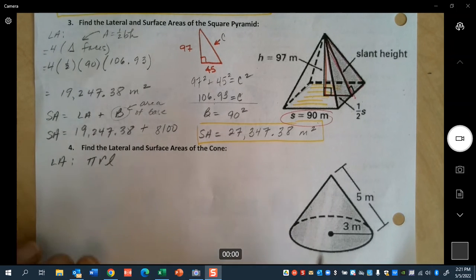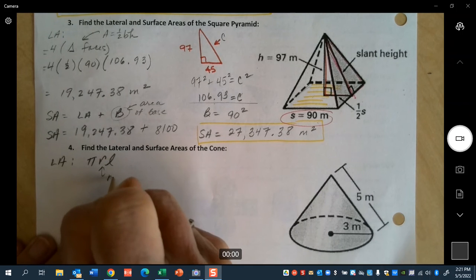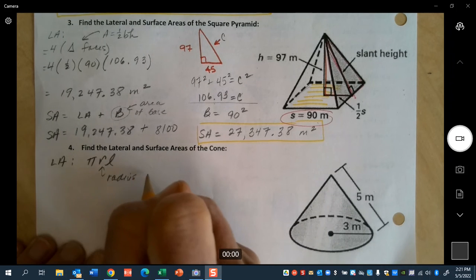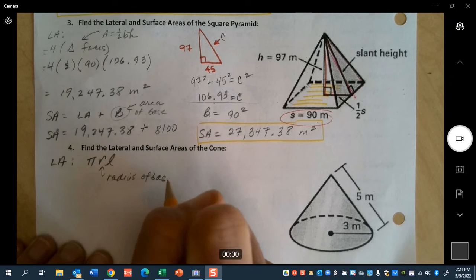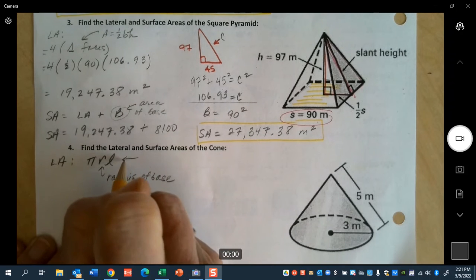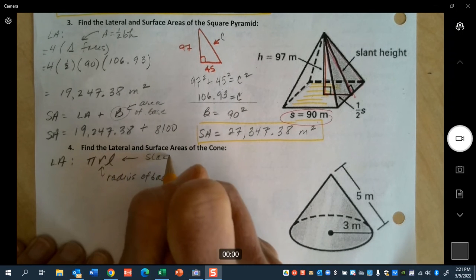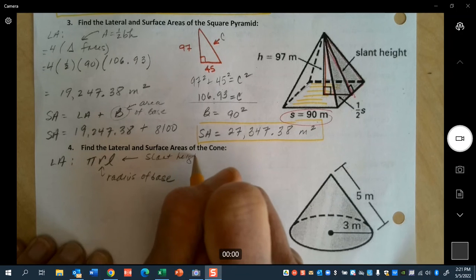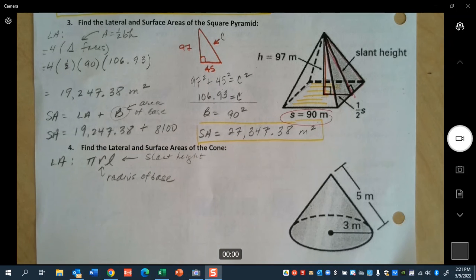And pi RL, this is the radius of my base, and this L is my slant height of the cone. So when I'm finding the lateral area of my cone, a reminder, that is the area of this sector.